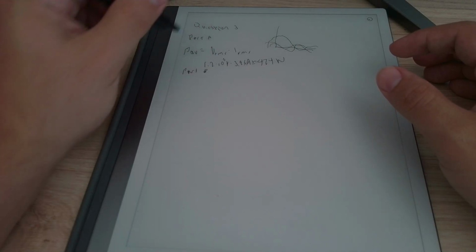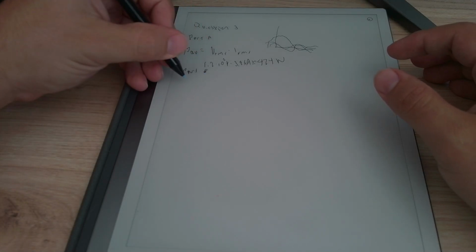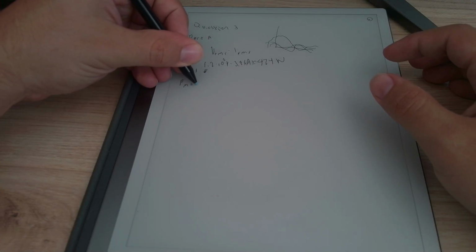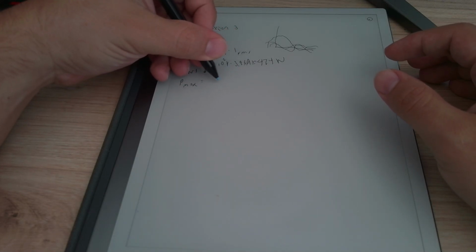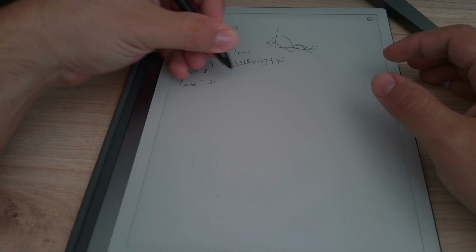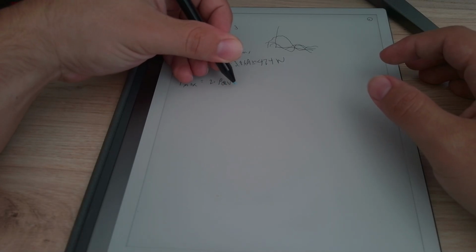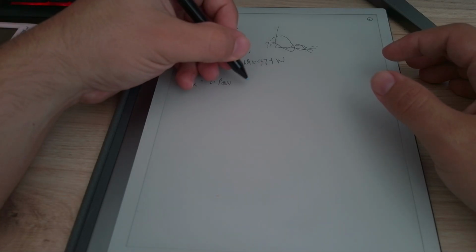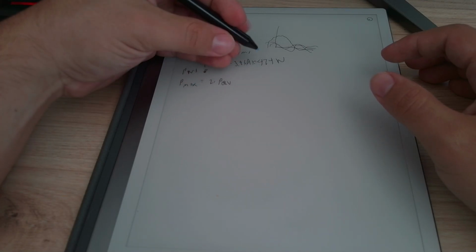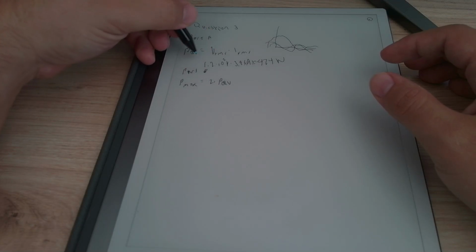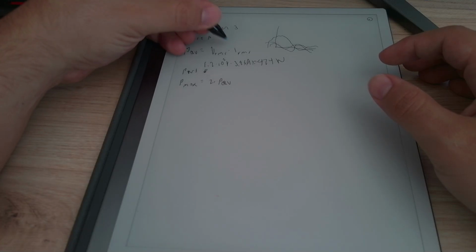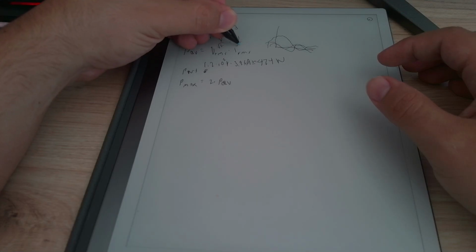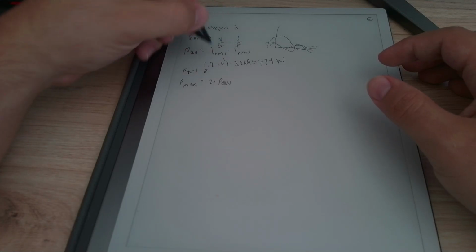It's going to ask us what is the maximum power. Now the maximum power is simply 2 multiplied by the average. Really nice and simple. That's because V RMS would then be V squared over 2, and I RMS would be I squared over 2.